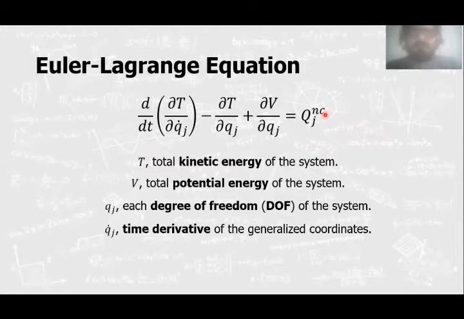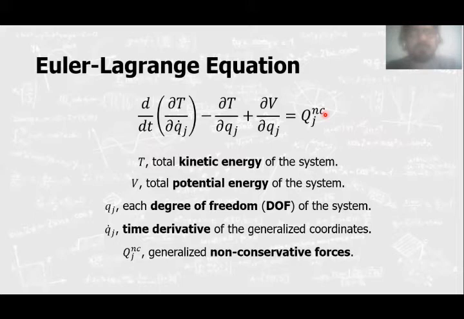So q dot represents the velocity, the derivative of q, position, with respect to time. And Q nc represents the generalized non-conservative forces, and t represents time.